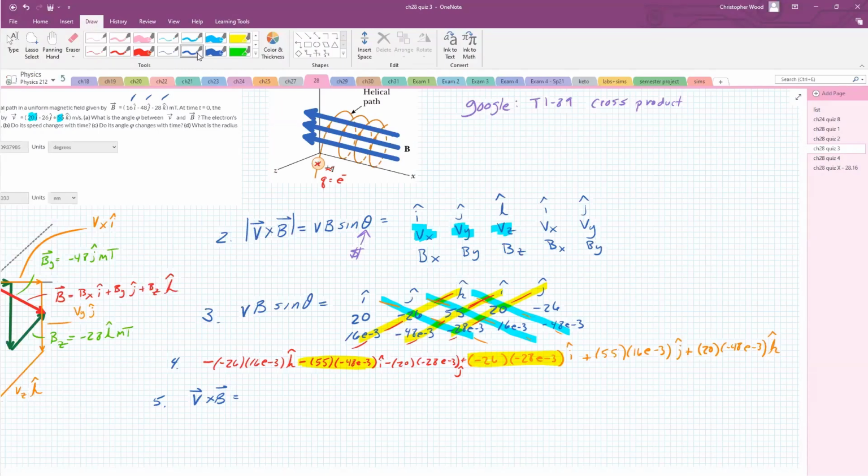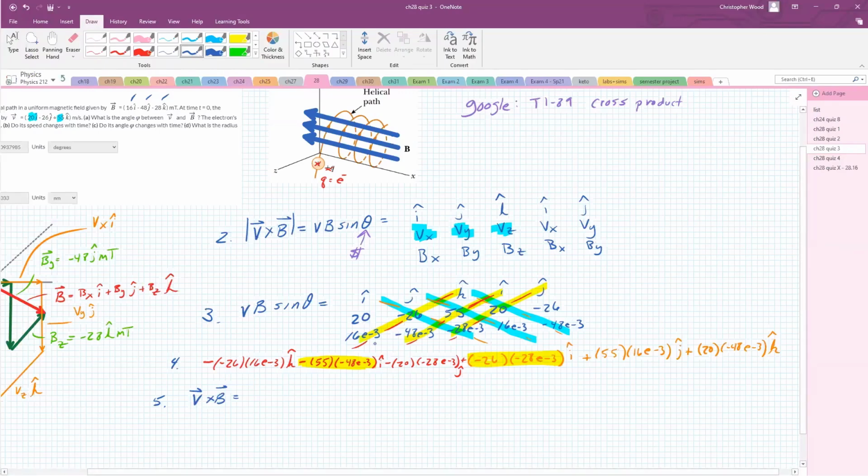What is negative 55 times negative 48 e to the minus 3 plus 26 times 28? Oh, I guess I need to first turn on my calculator. Note to students, turn on your calculator. So let me start all over. Negative 55 times negative 48 e minus 3. That's my first I hat component.